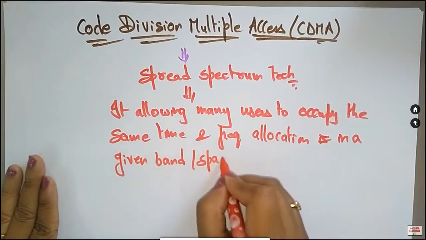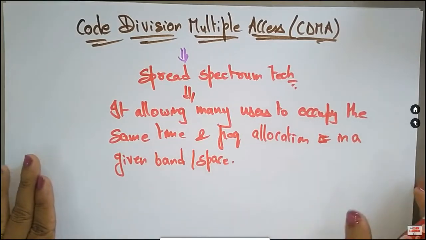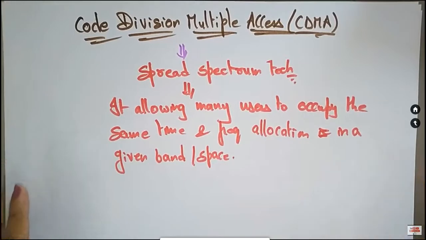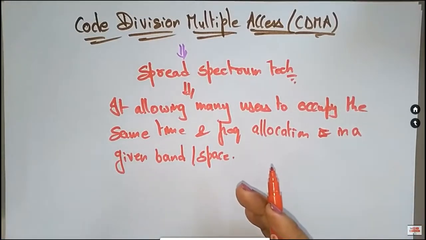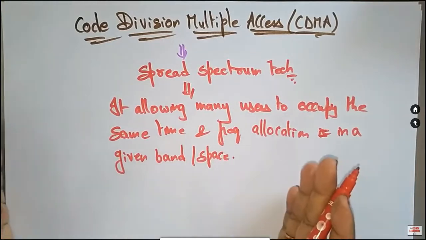So in a given band or in a given space, it is going to allocate and occupy the same time and the frequency. The spectral spreading of the transmitted signal gives CDMA its multiple access capability.